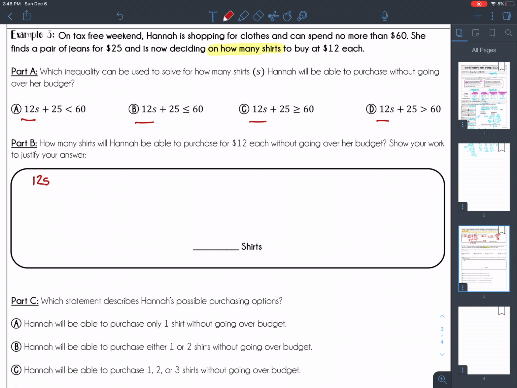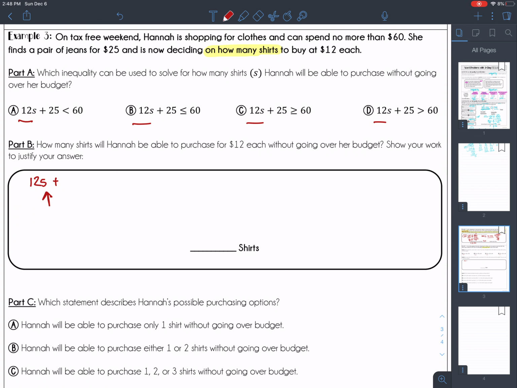All right. And then we also know that it's going to be $25, and y'all can see why I don't like the S as a variable there, because I've written it and it just looks like a 5 in my opinion, but I'll make it a little curlier to weed that out. And then we also know the jeans are $25.